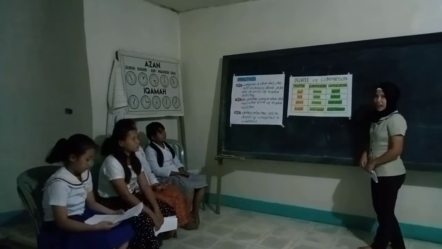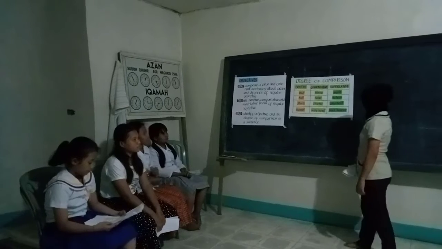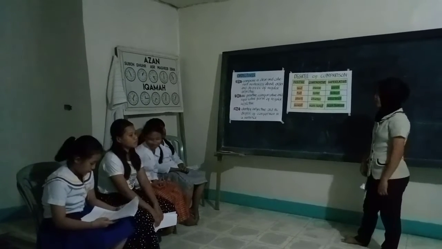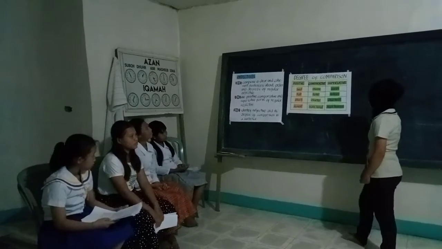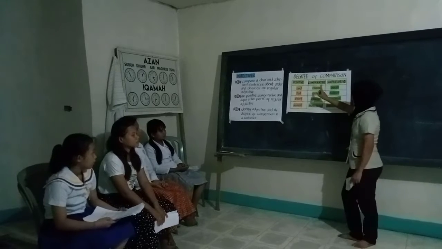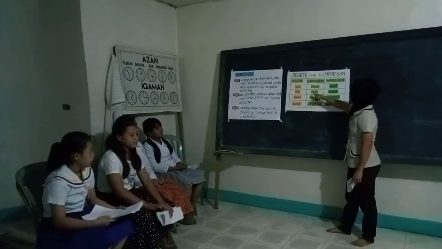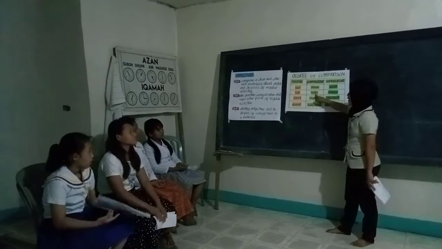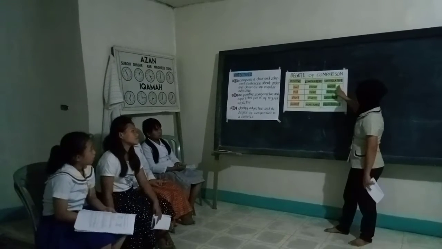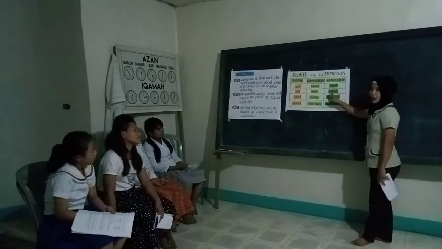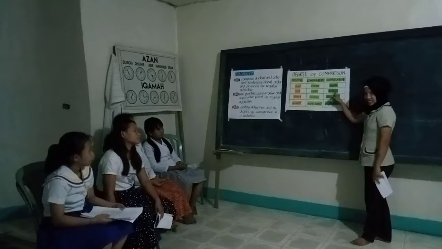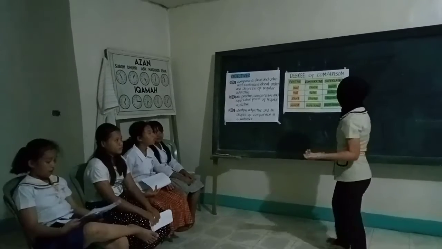Whereas regular adjectives follow a set pattern or rules. For example, the positive degree tall becomes taller in the comparative degree, where we just add ER at the end of the word, and in the superlative degree it becomes tallest, wherein we just add EST. Have you noticed, class?